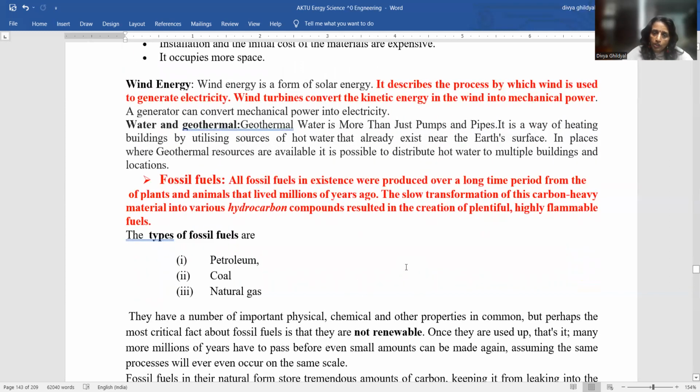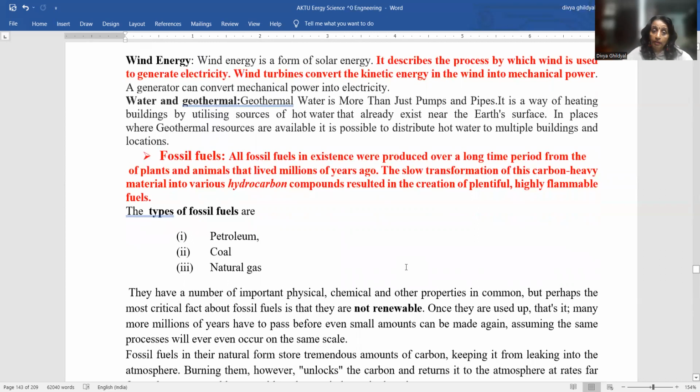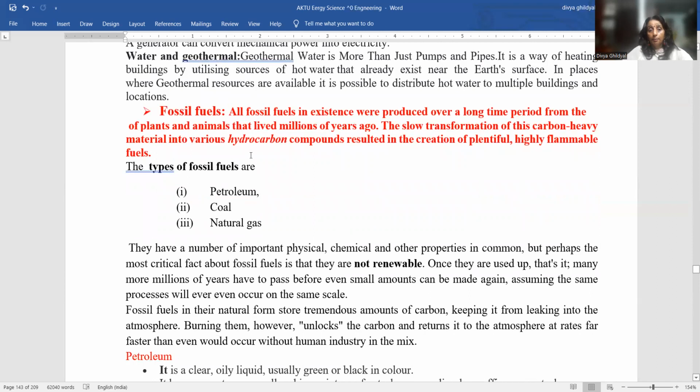Fossil, all fossil fuels in existence have been produced over a long period of time. They're from plants and animals that died many years ago. Slow transformation of this carbon-heavy material into various combinations of hydrocarbons has resulted in the creation of highly flammable fuels like petrol, coal, natural gas.